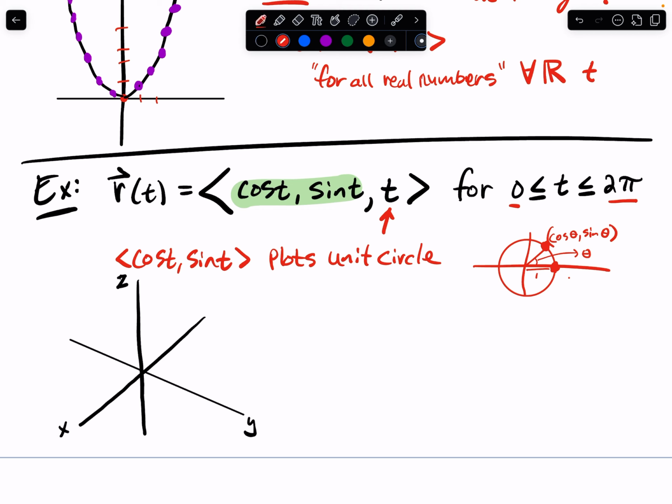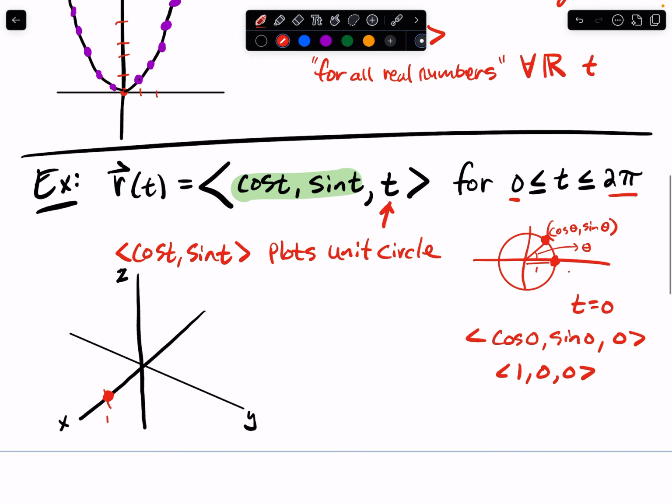So if we start, where do we start at? Well, when t is equal to 0, cosine of 0, comma sine of 0, comma 0. So that's 1, comma 0, comma 0. So start right here at 1, okay?